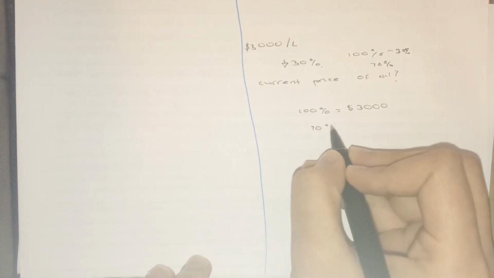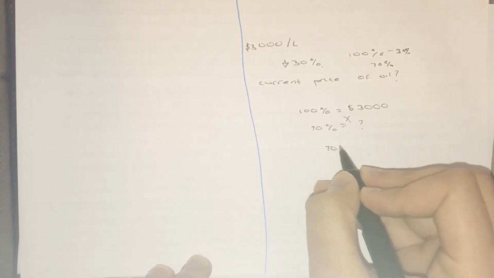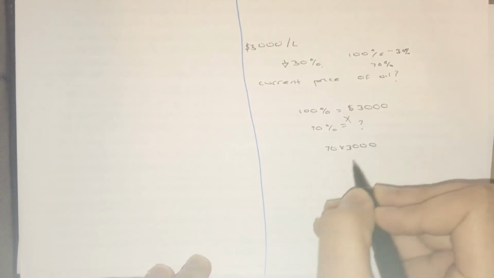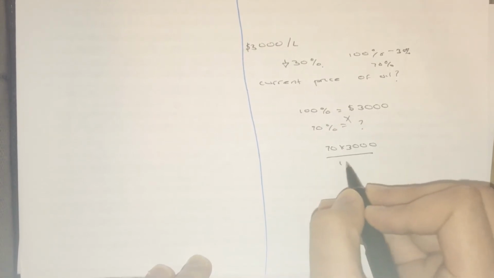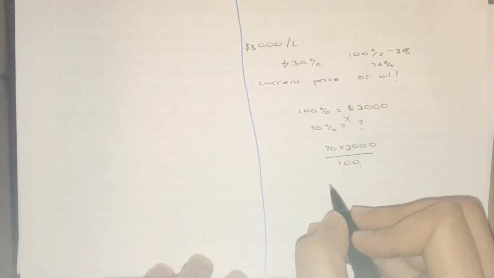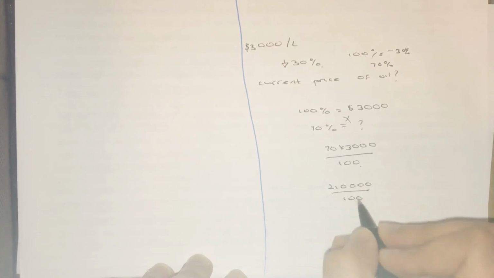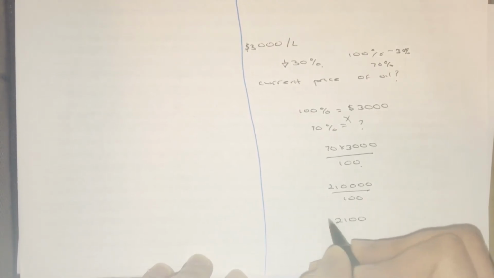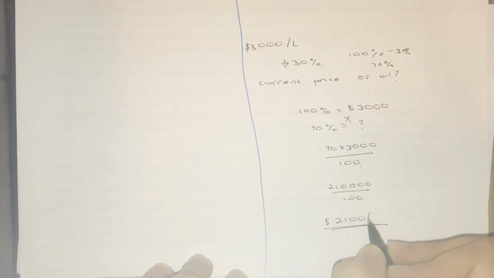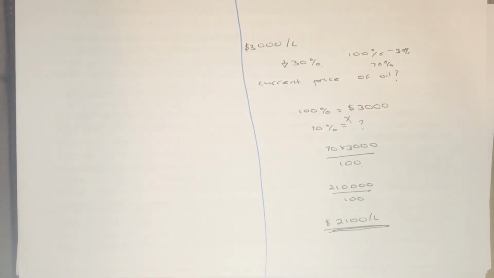So now you look for 70% of $3,000. So you cross multiply 70 times 3,000 over 100. You get 210,000 divided by 100, so that is $2,100. So this is the current price per liter of oil.